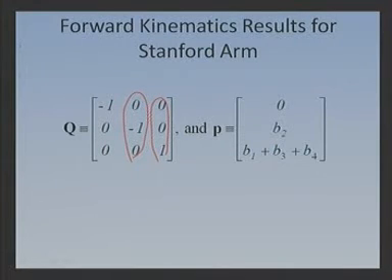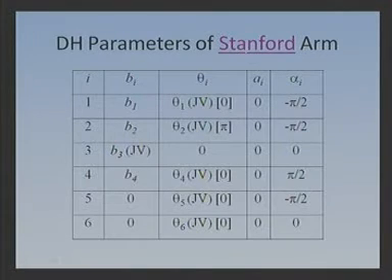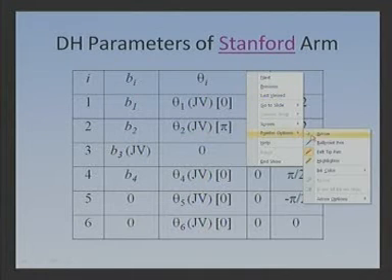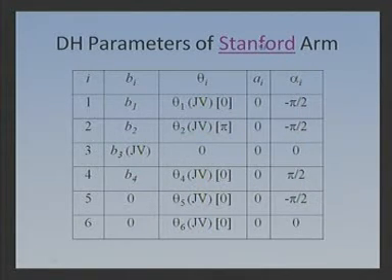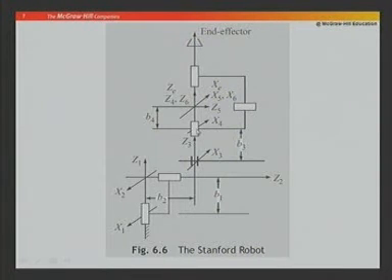If you can visualize the geometry of the origin of the last frame, that means my P would be this one.